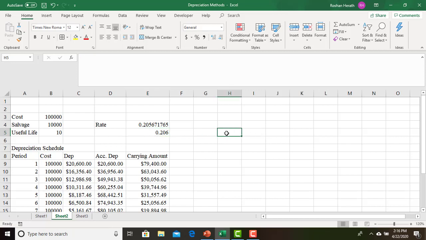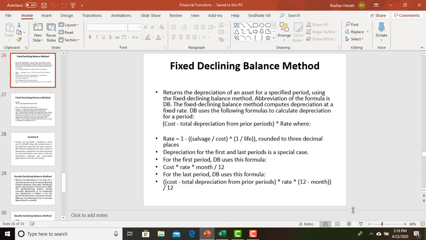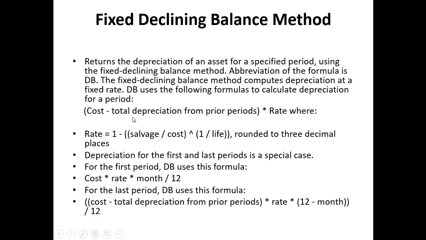So when it comes to the depreciation in the first year, if I do it manually, depreciation in period 1, it would go like this. The formula is cost minus the total depreciation from prior periods, multiplied by the rate.